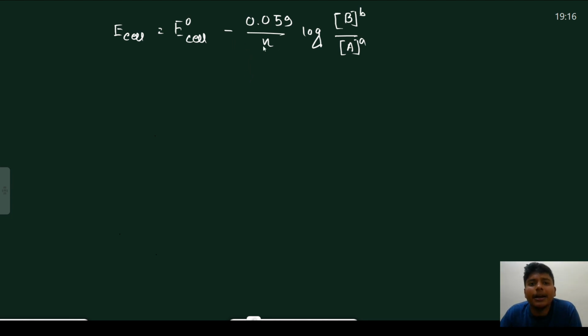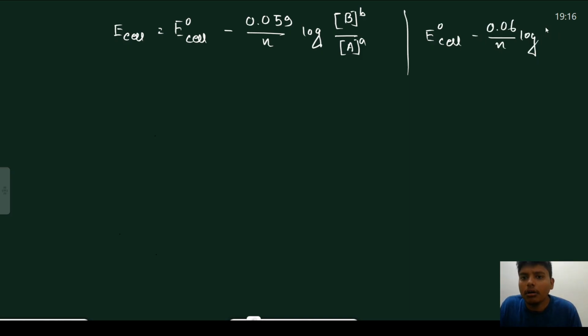Now, for calculation purpose, you can use 0.06, but when you are writing in your board exam, always write 0.059. For calculation purpose, you can write E cell is equal to E naught cell minus 0.06 by N log of product by reactant. Clear?